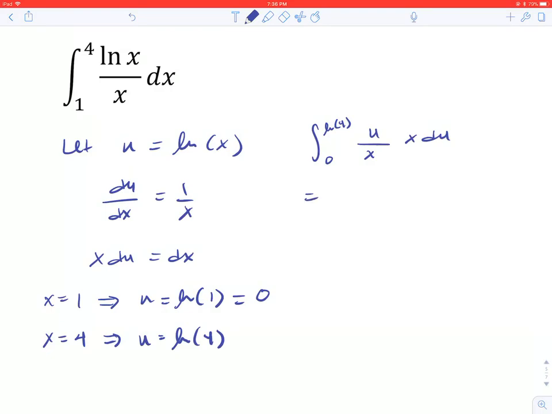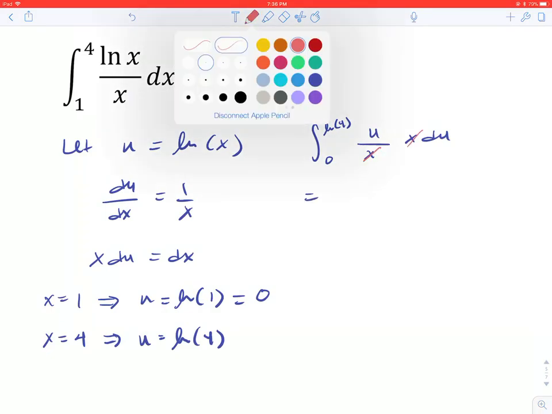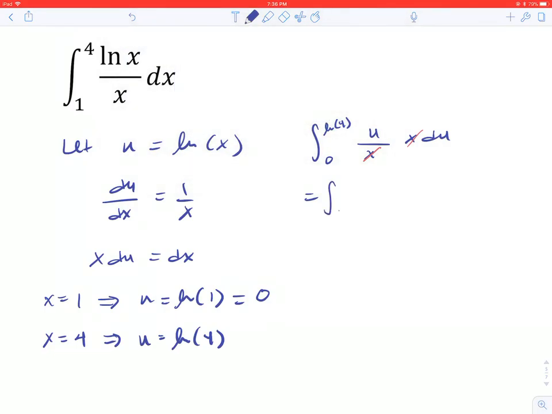u over x, and then x du. So those x's will cancel. And we're just left with the integral from 0 to ln of 4 of u du.